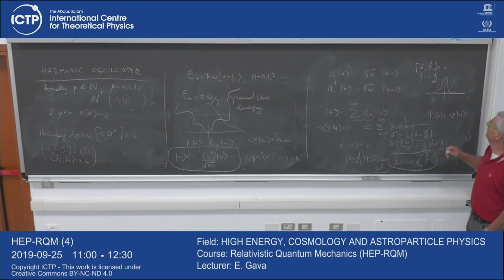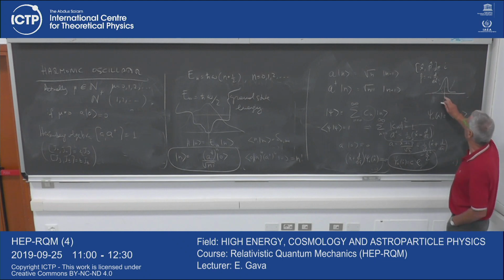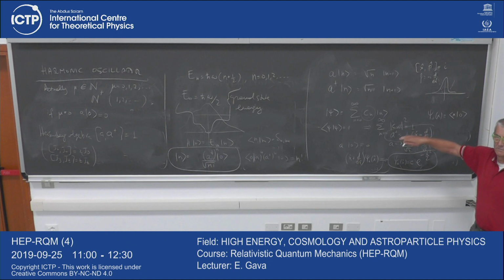And then the first excited state would be a first order. You see, this wave function is never 0, right? It goes to 0 at infinity, but it never crosses the x-axis.